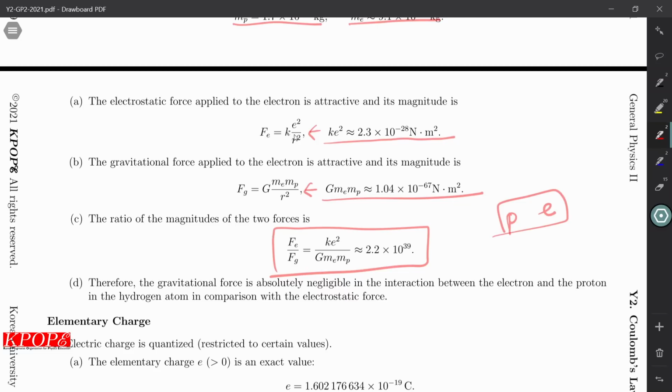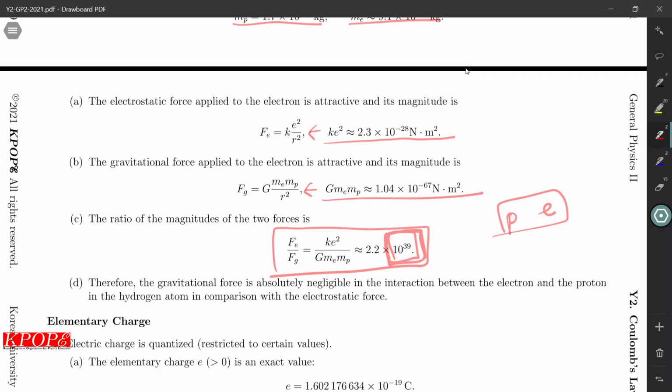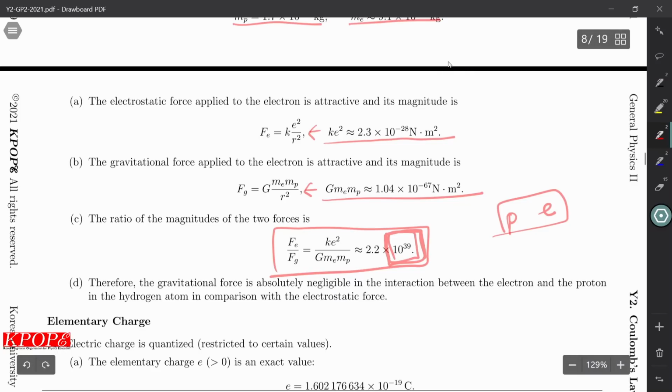You find the electrostatic force is much greater than the gravitational force. We expect that the gravitational force is very strong only if the particles are very massive, such as a celestial body. But normally, for very tiny objects like fundamental particles, the gravitational force is very weak in comparison with the electrostatic force.